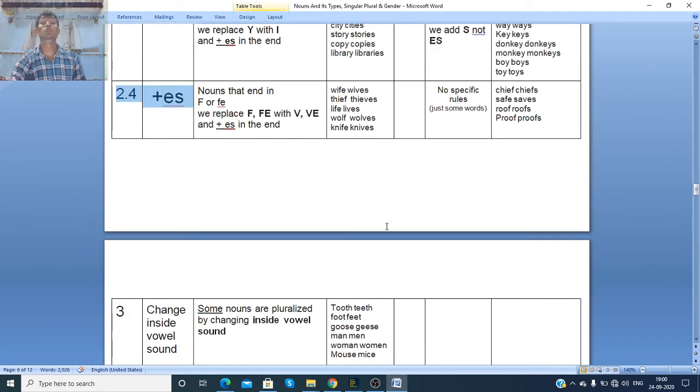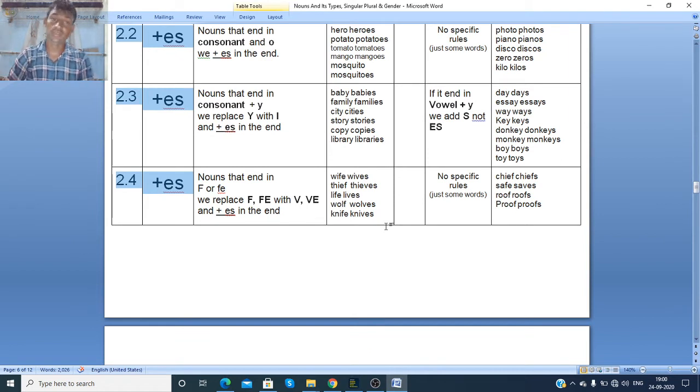But there are so many nouns that are countable. If a noun is countable, it can be pluralized.